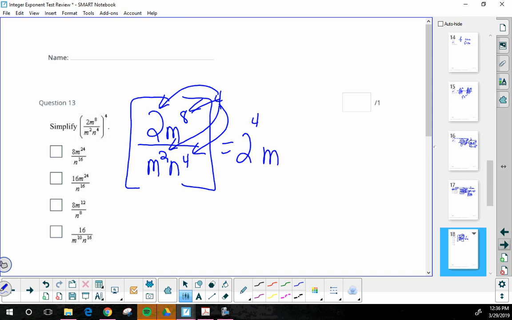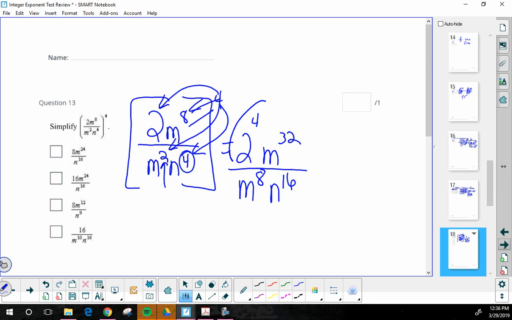M to the 8 times 4 is 32. Then this 2 times 4 is 8. So that becomes m to the 8th. And then this exponent is a 4, so 4 times 4 is 16. So that becomes n to the 16th.